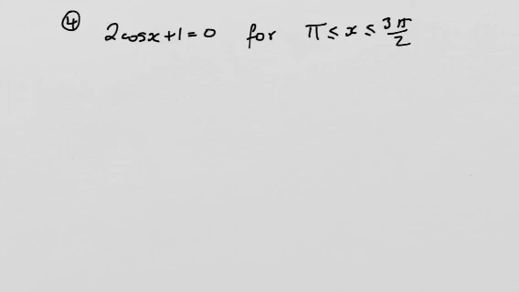Question 4. Solve this equation. Well, we can do that. Do your all sine tan cos diagram. Tick your little boxes, work out your answers. Now, the important thing about this question is the range.